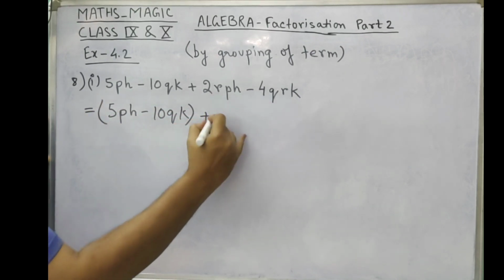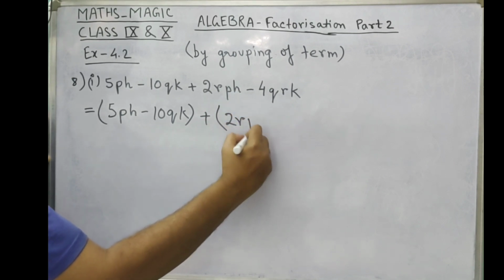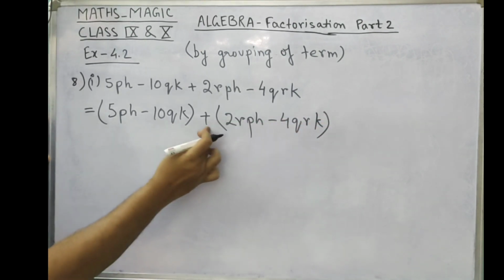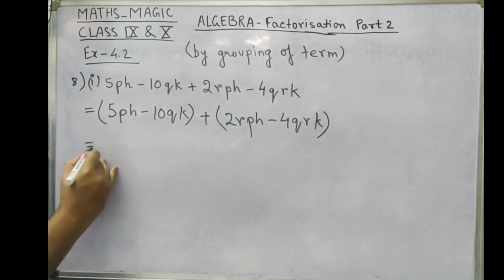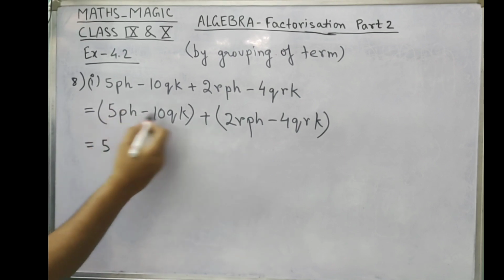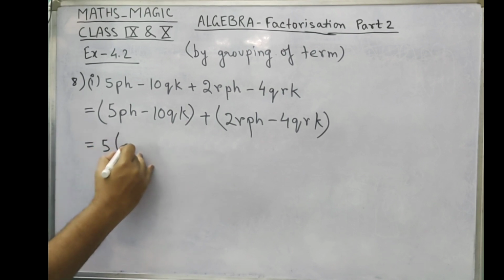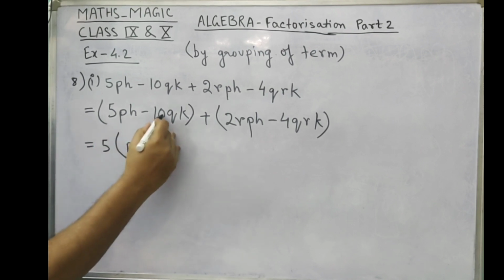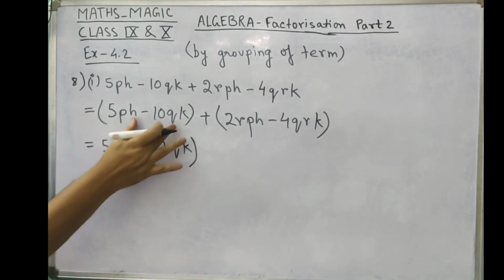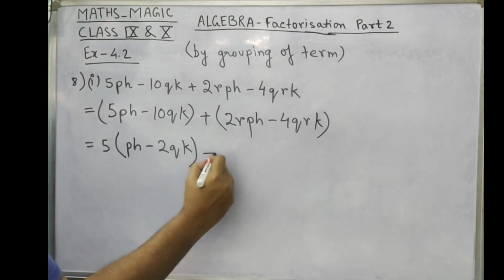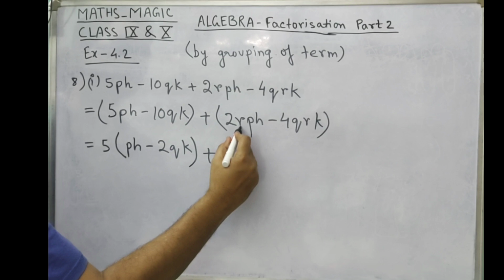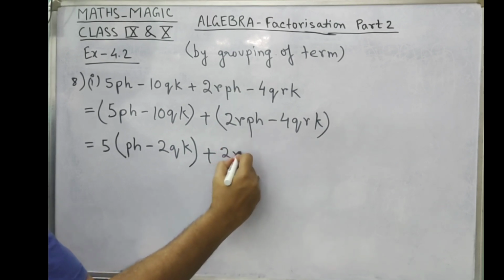Okay, now this one again, I'm just grouping them. No sign change because we have plus sign here. So what is common out here? 5. P is not there, nothing is this, only 5. So ph minus 10 divided by 5, 2qk. So I can only take out 5 from here as common. Plus here I can take out 2r, only 2r.